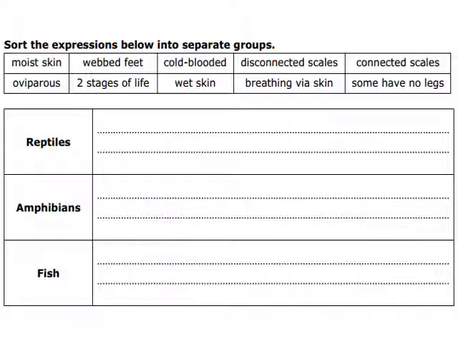Oviparous. All of them. 2 stages of life. Amphibians. Wet skin. Amphibians. Breathing with skin. Amphibians. Some have no legs. Amphibians. All reptiles have legs. Snakes do not. Snakes are a group of reptiles that don't have legs.